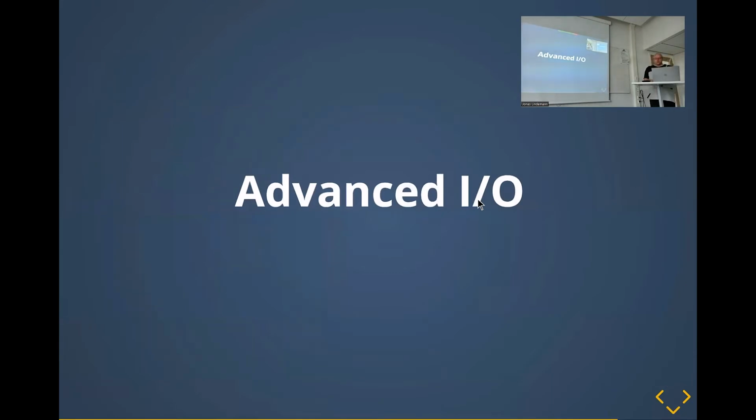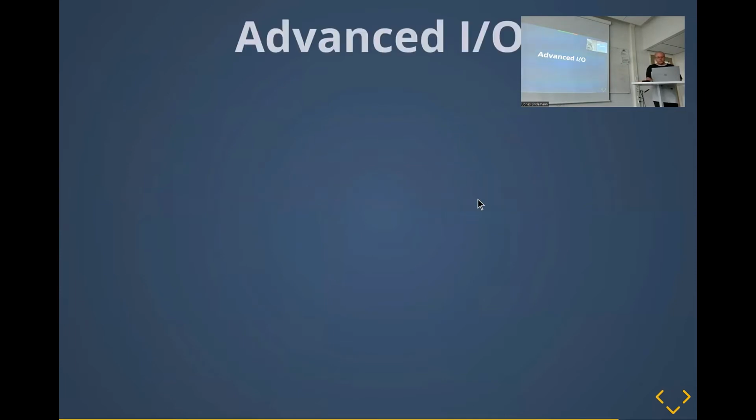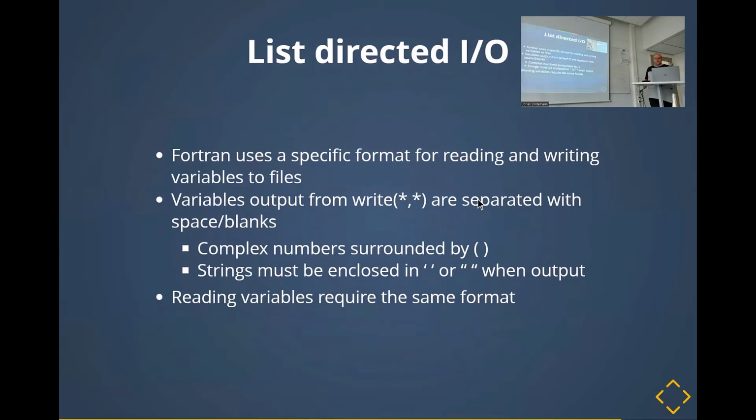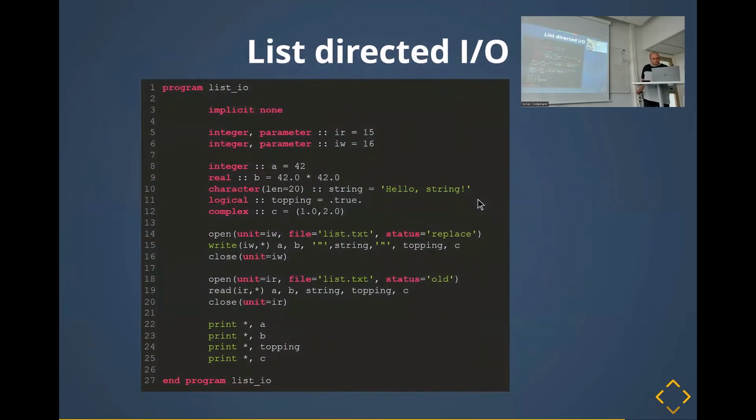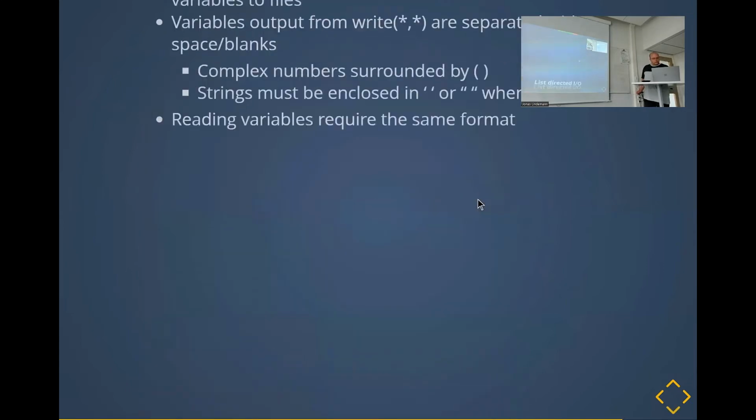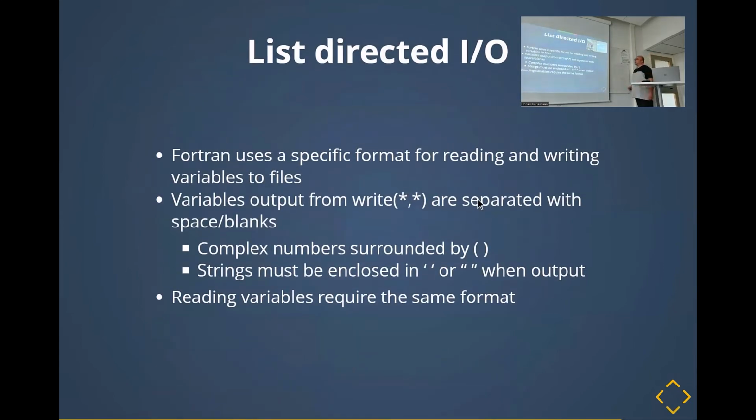So I want to go through a bit more about advanced I/O functions in Fortran. List directed I/O. So this is the normal way of writing things to disk. As I said before, Fortran will automatically do the conversion to and from variables.